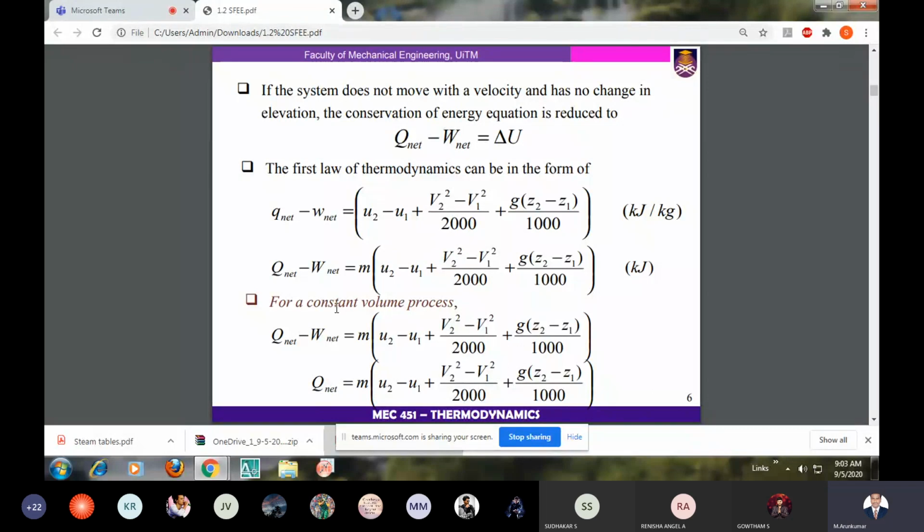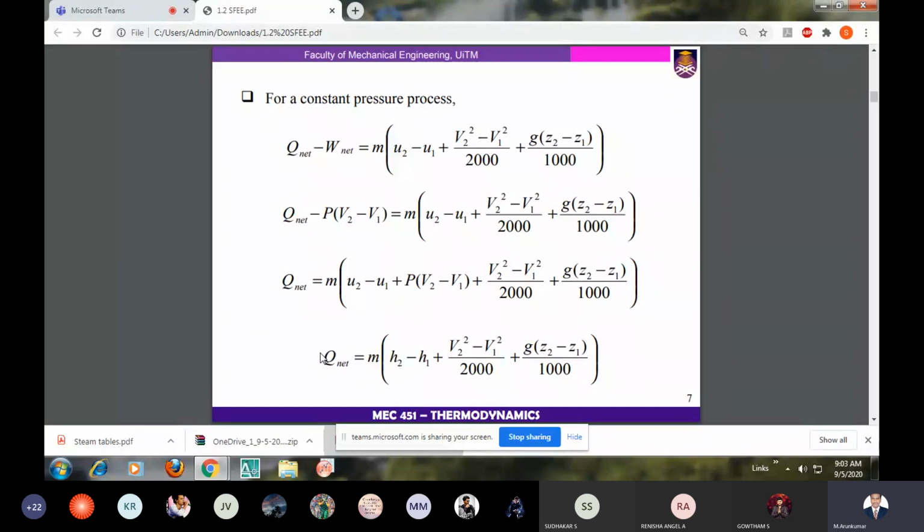So for a constant volume process, W will be 0. Then we can also rewrite the equation for the constant pressure process. For a constant pressure process, work done W will be P into (V2 minus V1), P delta V. So we can substitute the W value for the constant pressure process in this equation.